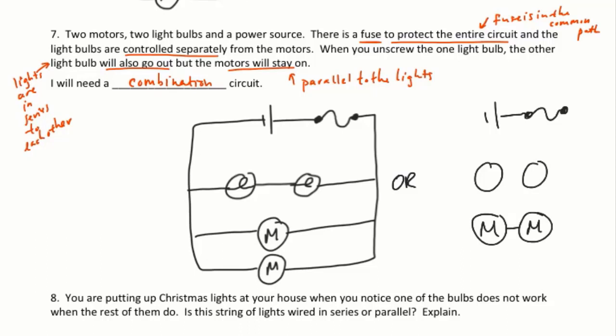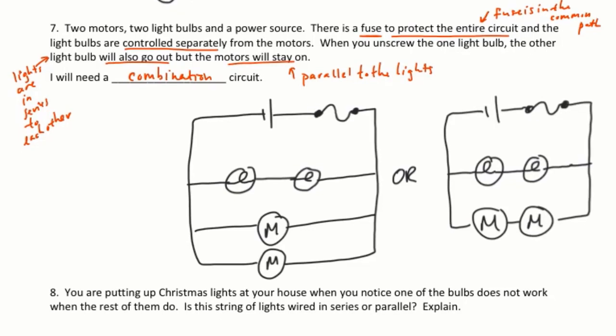They are not explicit enough in this question for us to know for sure how the motors are actually wired. We just know for sure how the lights are wired. Okay, so both of those are equally great. You just need to make sure that these motors have to be separate from the lights. So whether they're separate but together from the lights, or whether they're separate from each other, doesn't really matter. Both of these are correct.